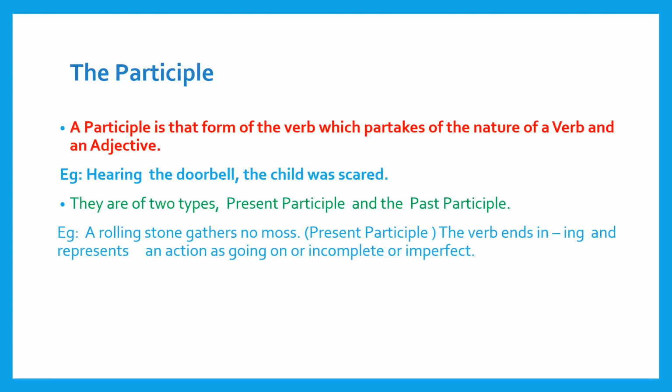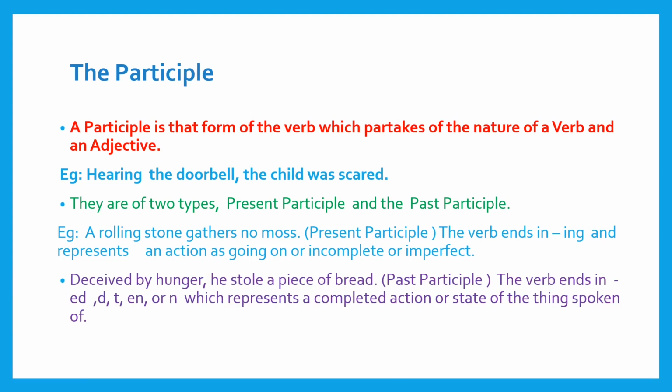Look at the second example. Deceived by hunger, he stole a piece of bread. That's a past participle. Look at the verb there. The verb ends in ed, or sometimes the verb might also end in d, t, en, or n, which represents a completed action or state of the thing being spoken of.